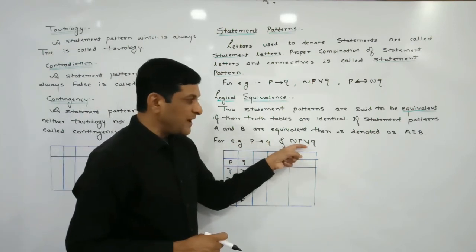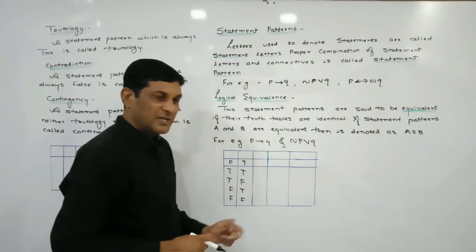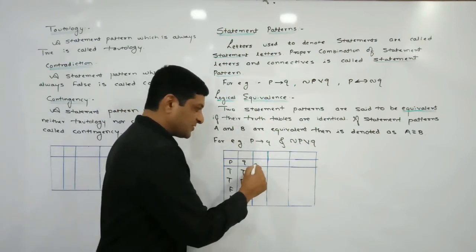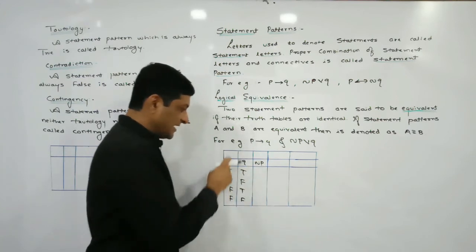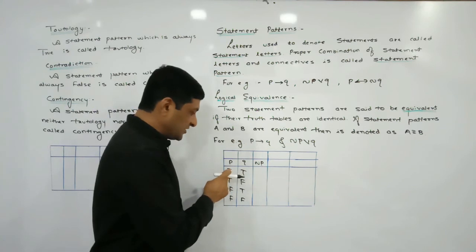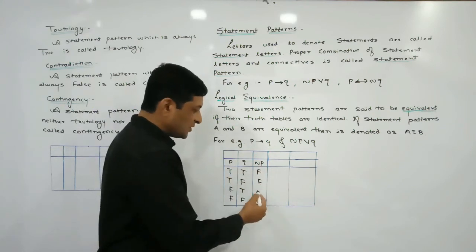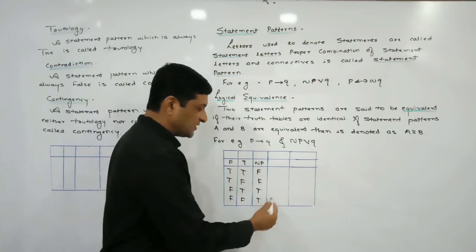But to find the truth value of negation P or Q, we will require the truth value of negation P. Q is already known to us. So let us find the negation of P. The truth values of P are known to us; find their negation. What is the negation of true? Negation of true is false. Negation of false is true.